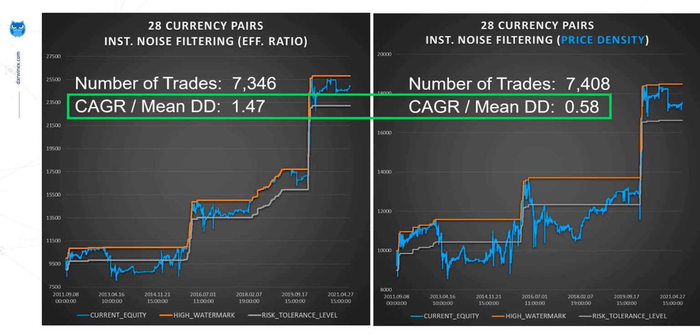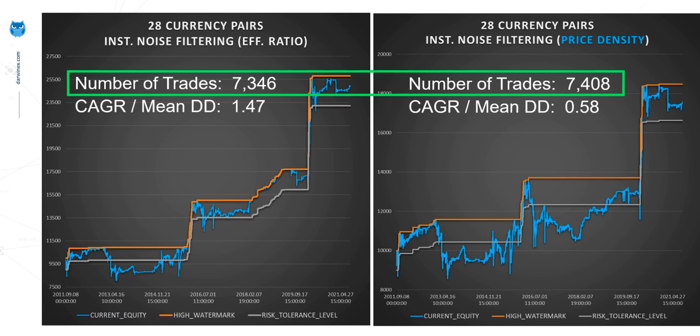It appears, on the face of it again, that it's the efficiency ratio that is informing this particular technique more accurately. And the performance metric is almost 3 times larger. And of course we can also see that visually from the equity chart itself. And I believe this to be a valid comparison because of the fact that each of these techniques has filtered out an almost identical number of trades.